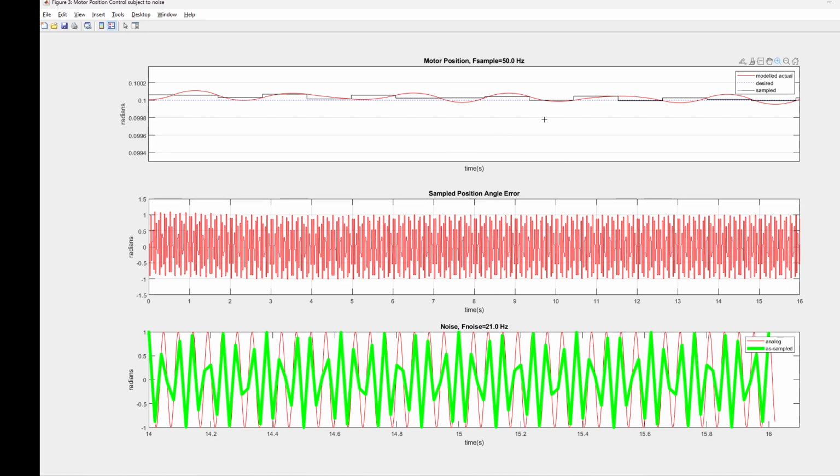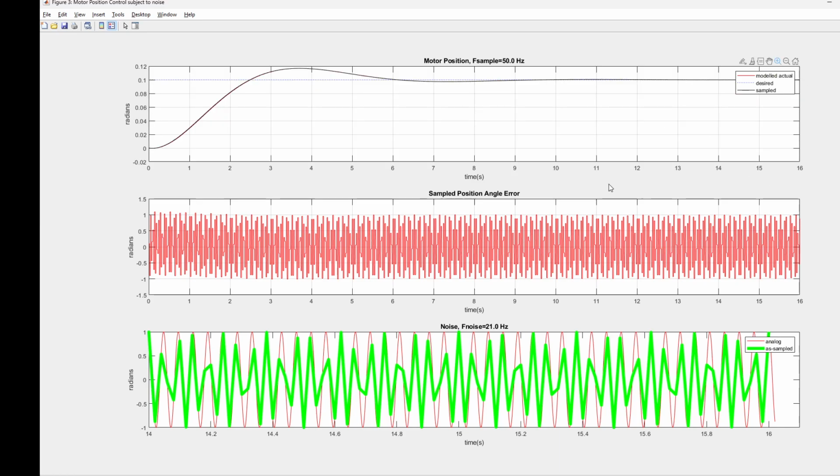So that's our very little noise coupling into our output because of the amount of attenuation we get from the plant, from the motor at 21 hertz. Because it's AC coupled into the output, our motor's effectively just averaging that out.